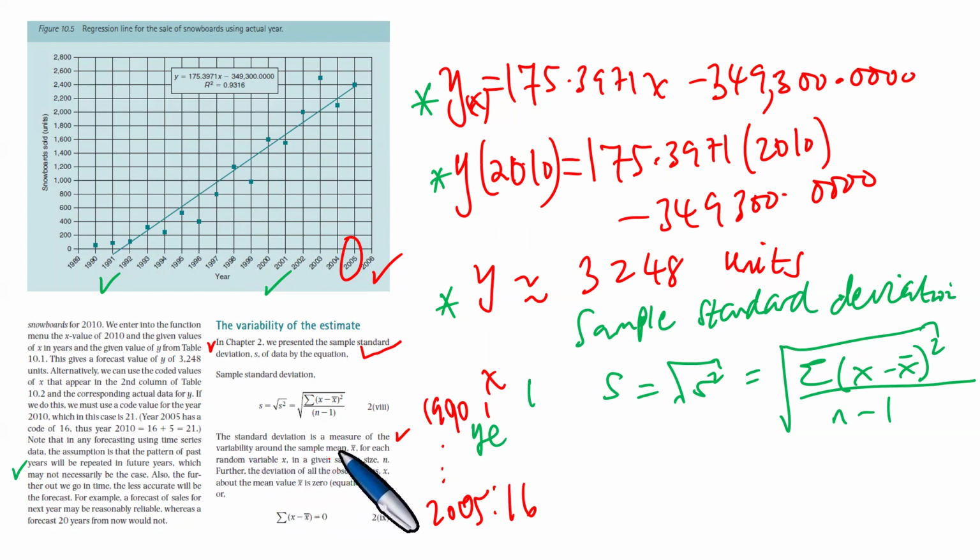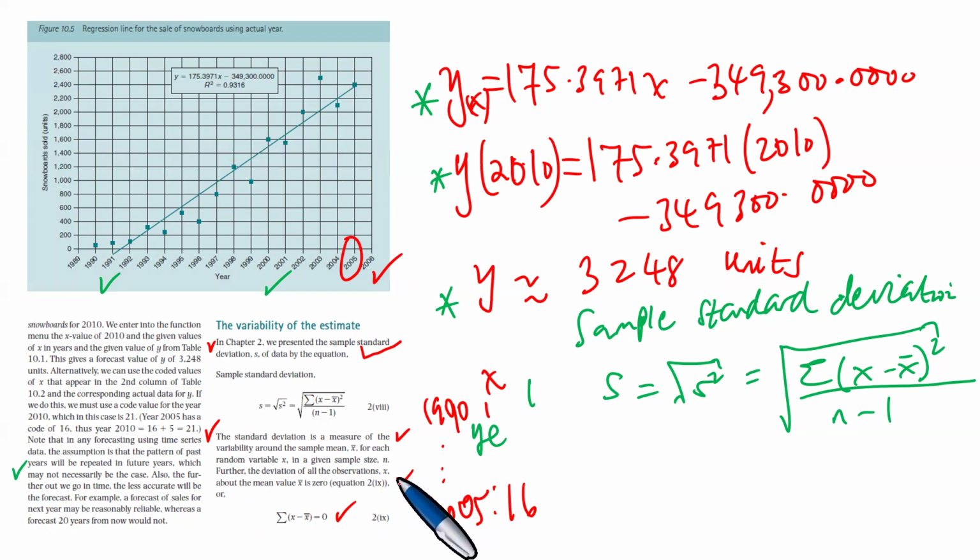The standard deviation is a measure of the variability around the sample mean x bar for each random variable x in a given sample size n. The summation of the deviation of all observations x about the mean x bar is 0, equation 2, which is the summation of x minus x bar.